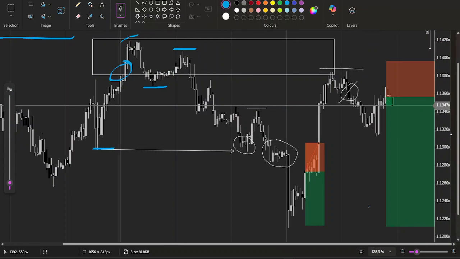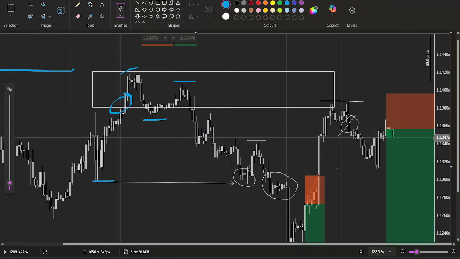Okay, so now we come back up into the level here, and for the H4 system, I draw these boxes, these lines. But for this H1, we come to this level here. We again come to the level. We have some kind of low, and we break down lower. The circle with the dash through it signifies on my system that we changed power.